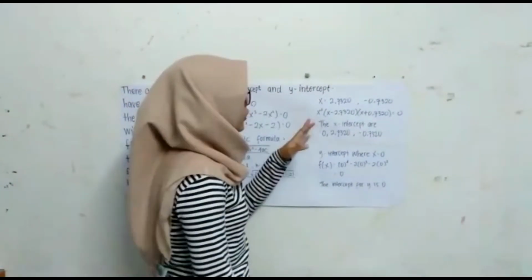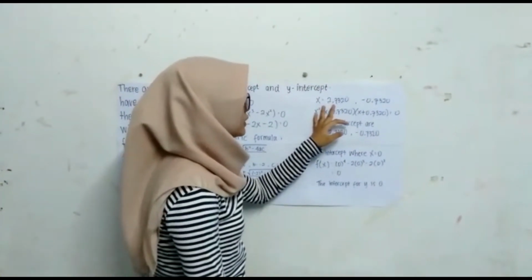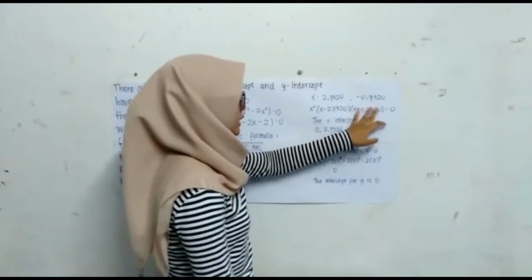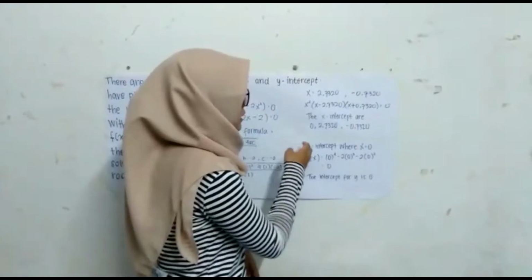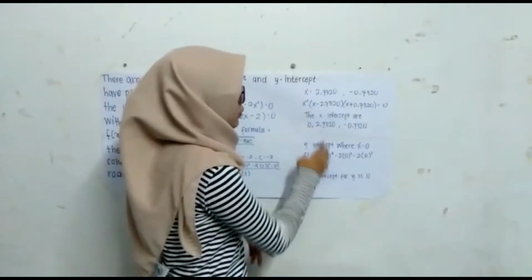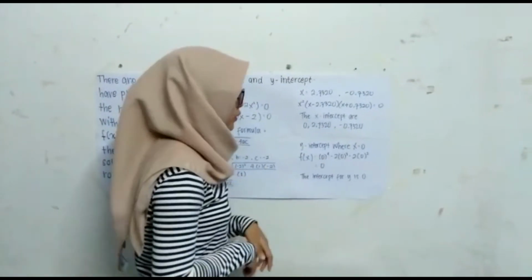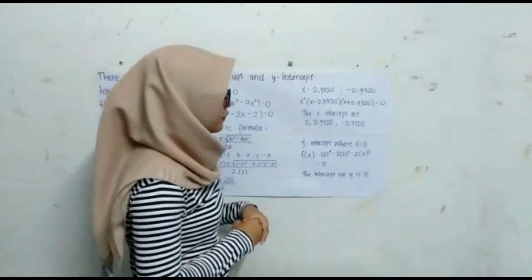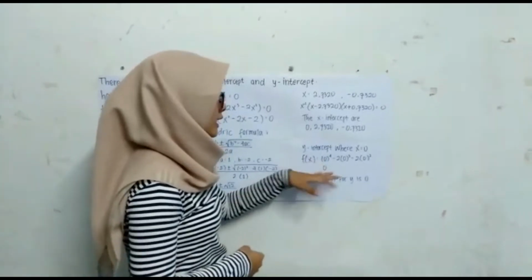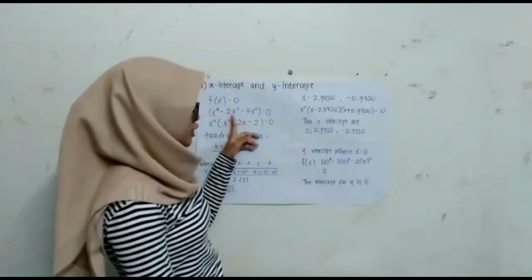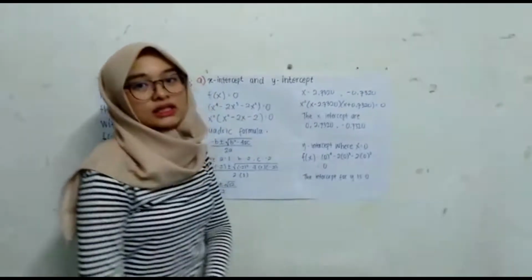For plus, we got 2.7320, and for the minus, minus 0.7320. So the intercepts are 0, 2.7320, and minus 0.7320. For the y-intercept, the condition is where x equals 0. So for f(x), we put 0 in the equation, so the intercept for y is 0.